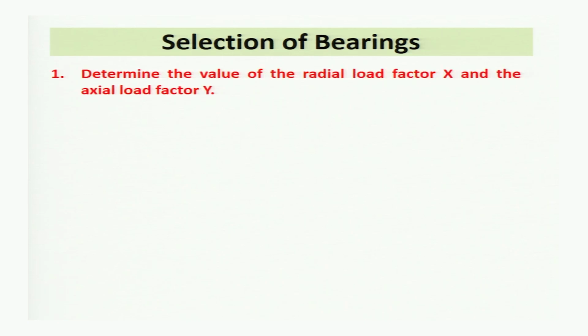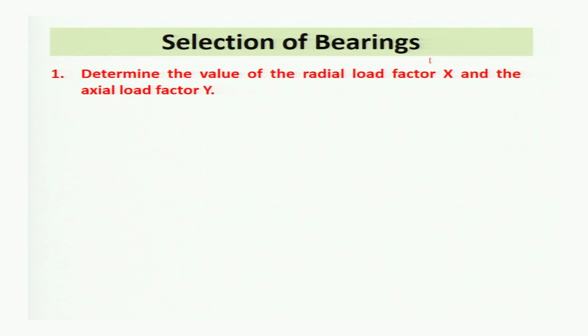So, let's see how we make the selection of bearings, the rolling element bearing. Determine the value of radial load factor X and axial load factor Y. How will you determine it?